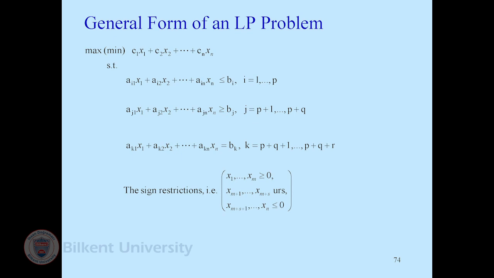So this is how it looks then. I'm minimizing or maximizing the summation of the C's, subject to less than or equal to constraints, greater than or equal to constraints, and equality constraints, and my sign restrictions. This is general. In our previous case, each variable represented the amount I'm producing, so all my variables were non-negative.